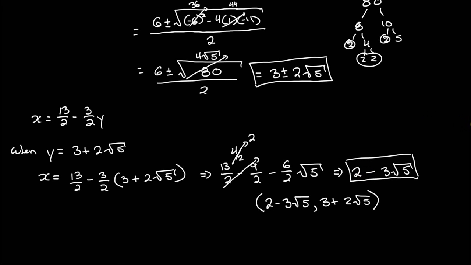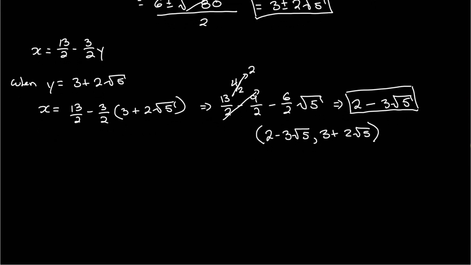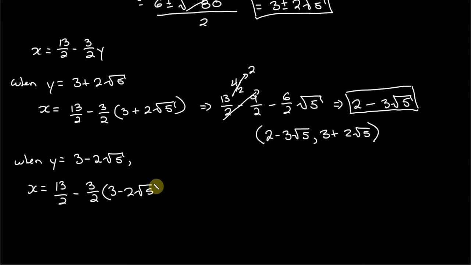So we are getting very close here, and now we just need to find the remaining corresponding x value when y equals 3 minus 2 root 5. And this should be quite simple because we've already done the arithmetic. It's just going to be a little bit repetitive, with one or two minor changes I anticipate. So when y equals 3 minus 2 root 5, x equals 13 over 2 minus 3 over 2 times y, where y equals 3 minus 2 root 5.